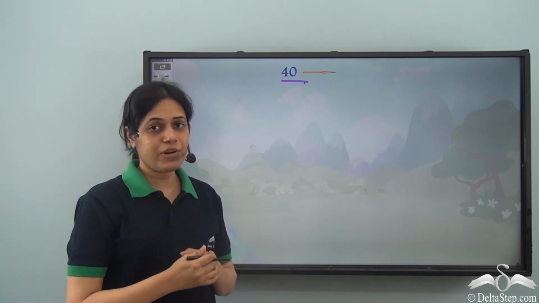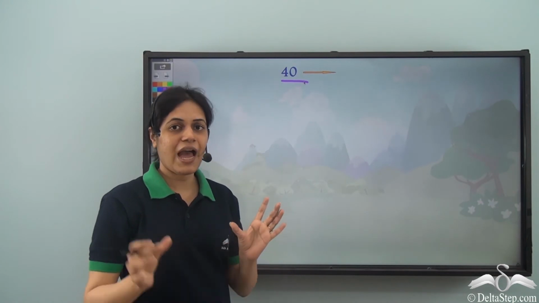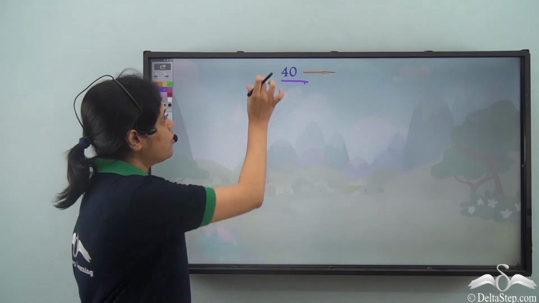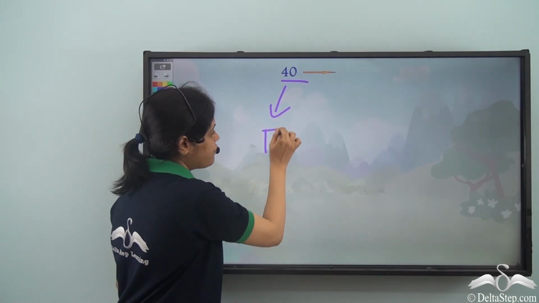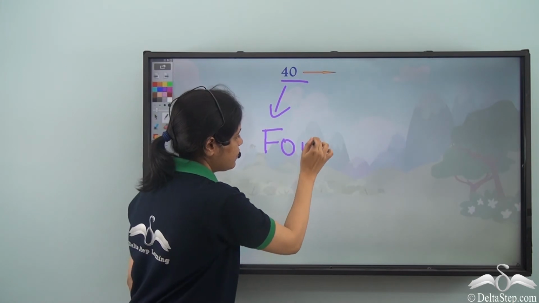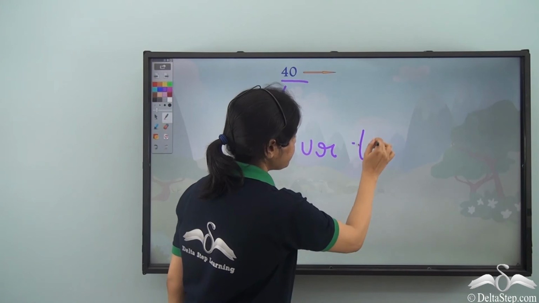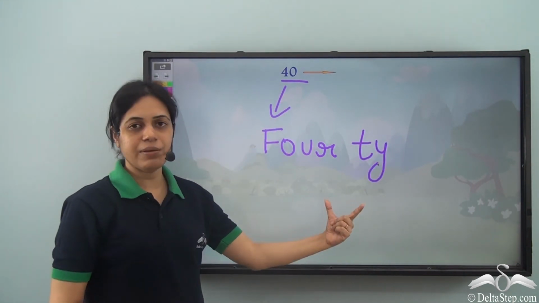And what about the number name? So in 30, we have 3 and T coming together to give 30. Over here, we will have 4 and TY coming together to give us the number name.